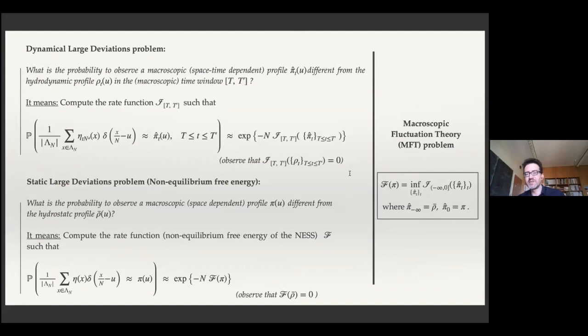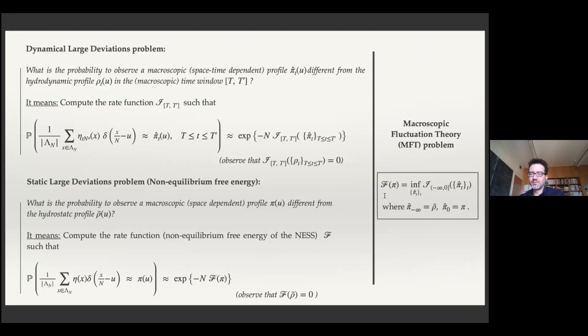So in this sense it is a quite robust method because, as I said, there are generic methods to derive this rate functional for generic models, for example for lattice gases, and then you can expect to compute the free energy in this way.